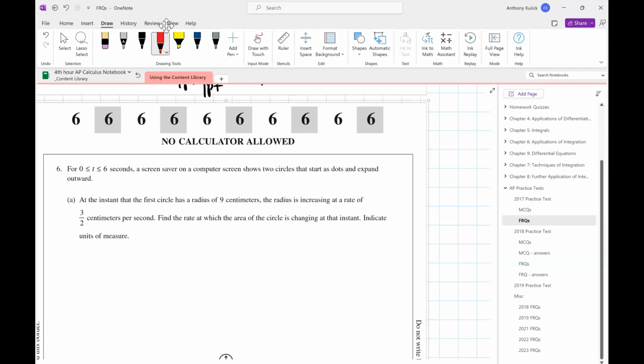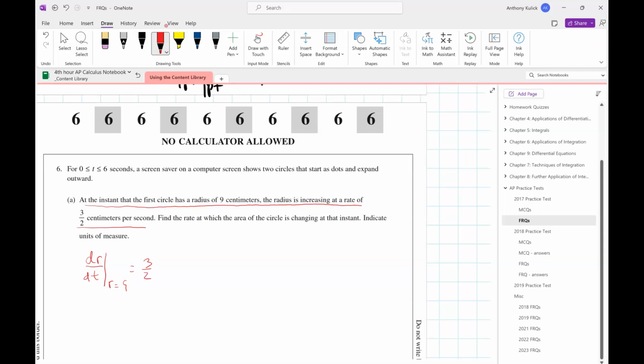When I read this first sentence, at the instant that the first circle has a radius of 9 centimeters, the radius is increasing at a rate of 3/2 centimeters per second, what is that sentence telling us? dr dt, yep, I'm going to write it that way. When r is equal to 9 equals 3/2.